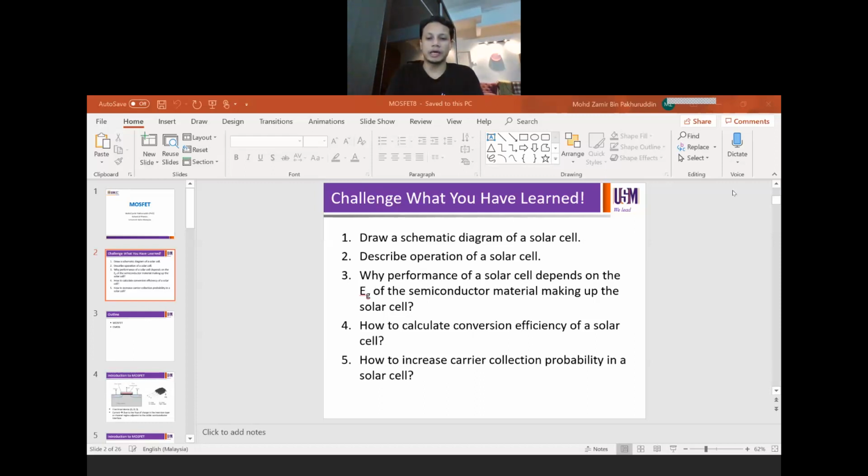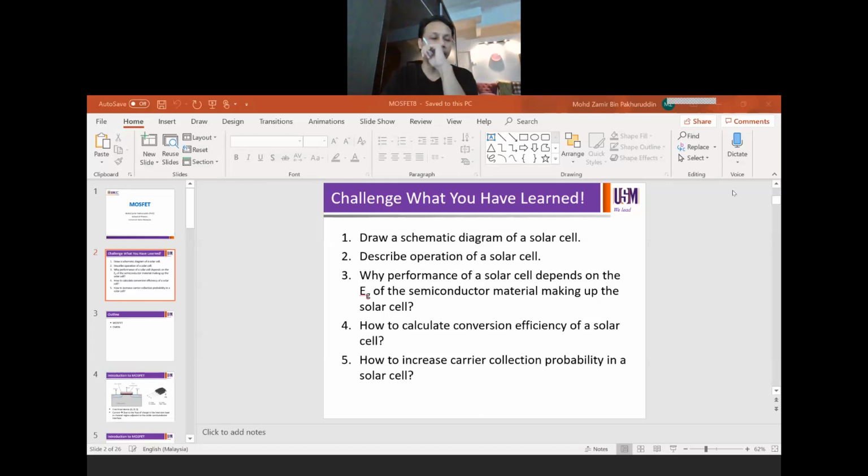Where do you get the carriers out? On both sides? Yeah, you should have metal contacts on both sides. A set of contacts on the P side and another set of contacts on the N side.